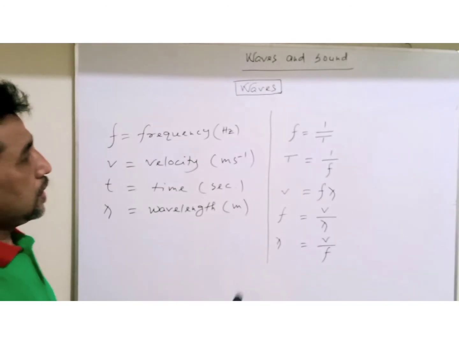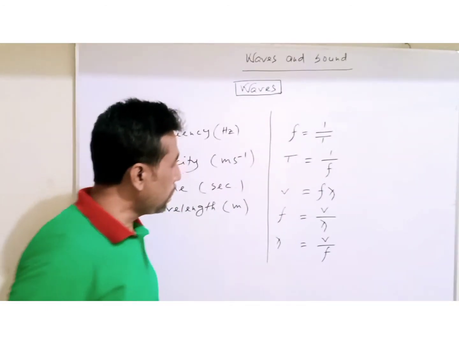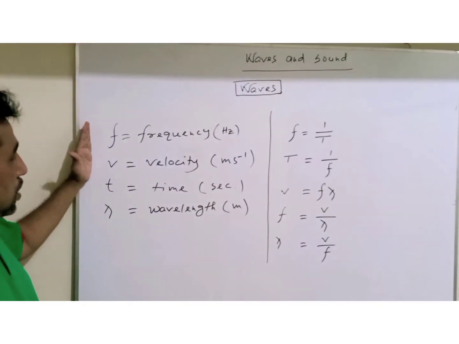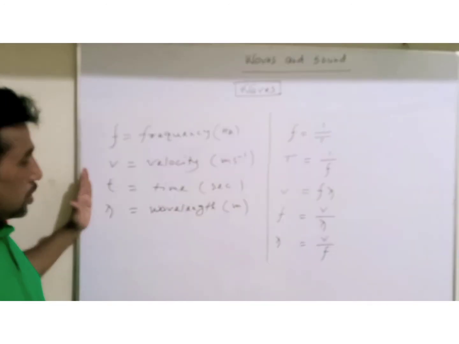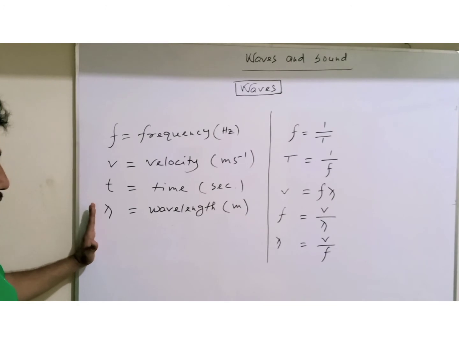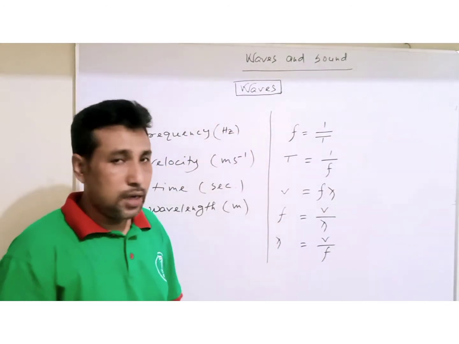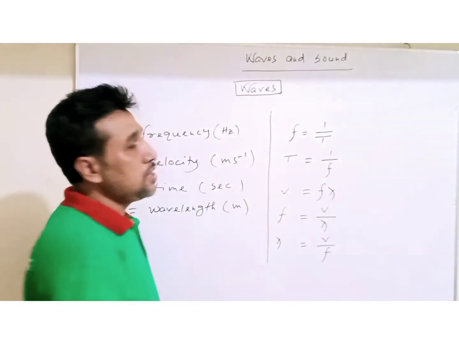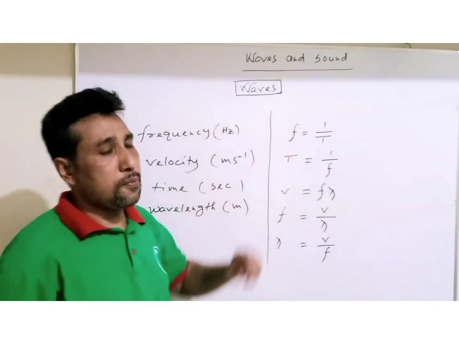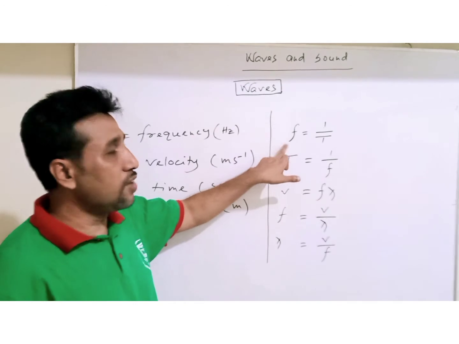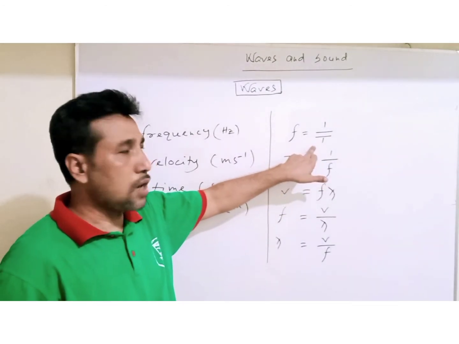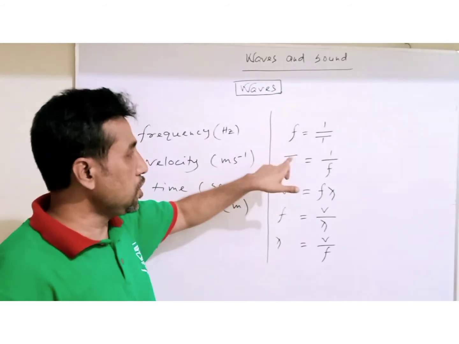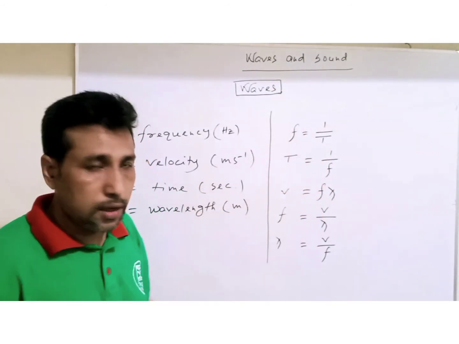So here the relations between the terms are given. I mean frequency, velocity, time period and wavelength, how are they related to each other? You see, frequency is inversely related to the time period. That's why f equals 1 by T, and rearranging the equation, T equals 1 by f.